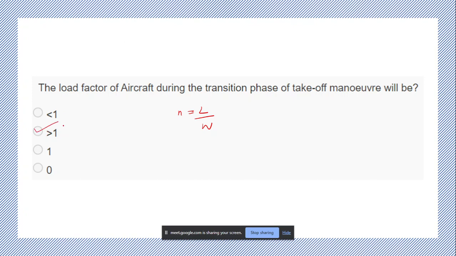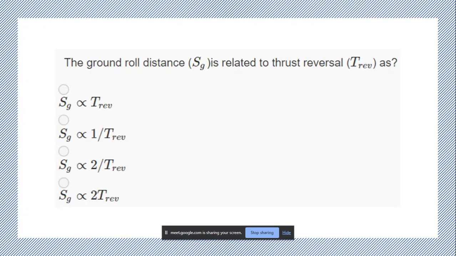If it's equal to 1, it will hover like a quad rotor. If you need to take off, lift has to be higher than the weight, so your N will be greater than 1. Your lift has to be greater, it has to compensate for the weight and take off. Which is why your load factor will be greater than 1.